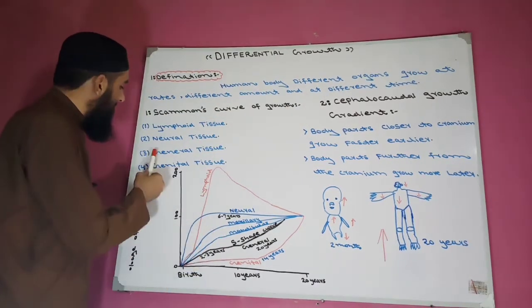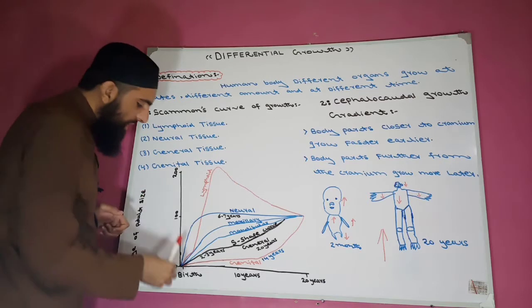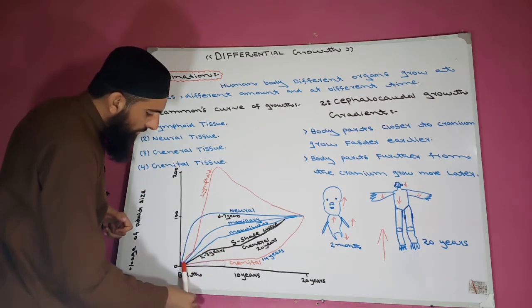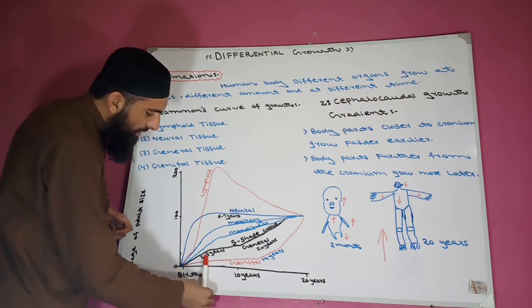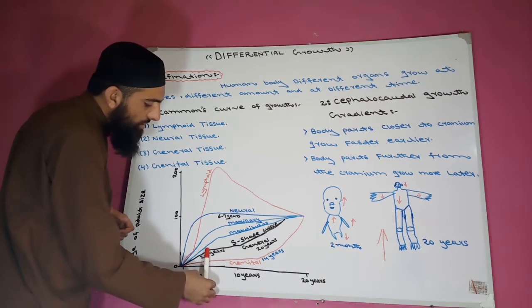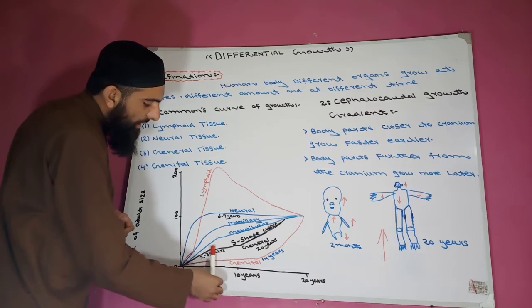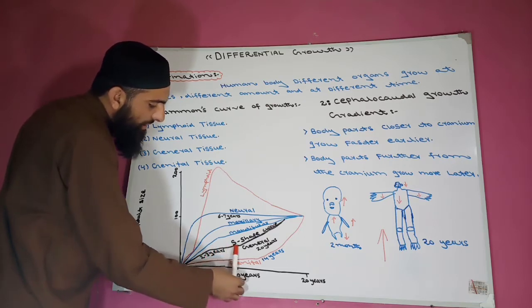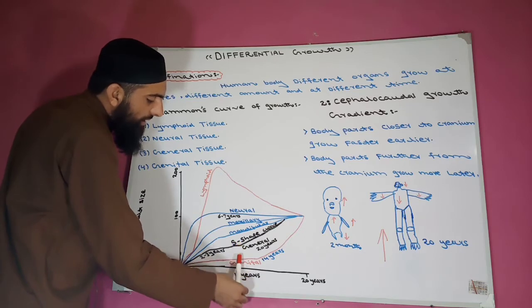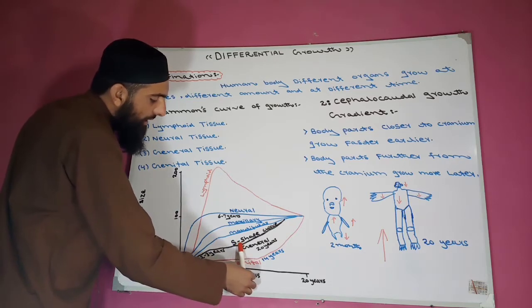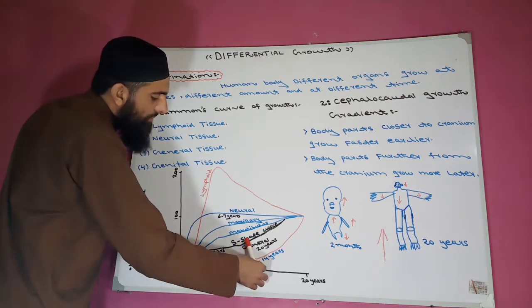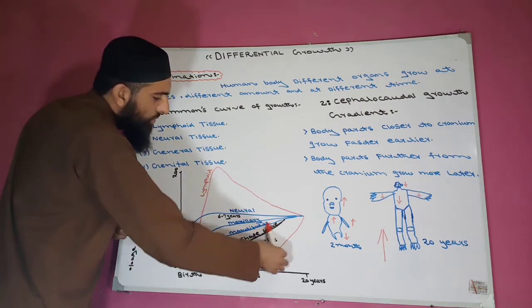Now the third is general tissue. First, general tissue grows very rapidly up to 2 to 3 years, then from 2 to 3 years up to 10 years, the rapid growth of general tissue decreases, and then after 10 years there is again increased growth of general tissue from 10 to 20 years.